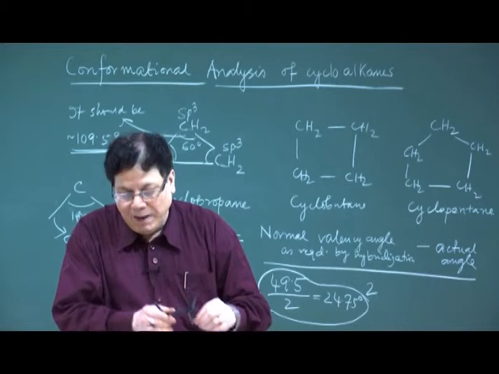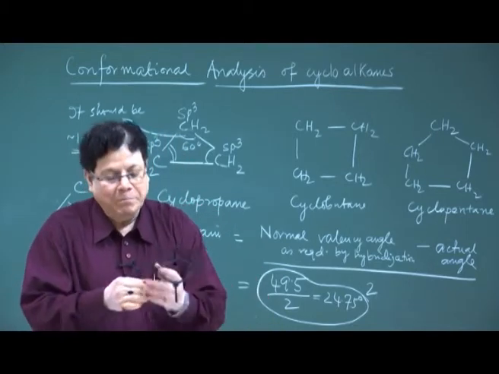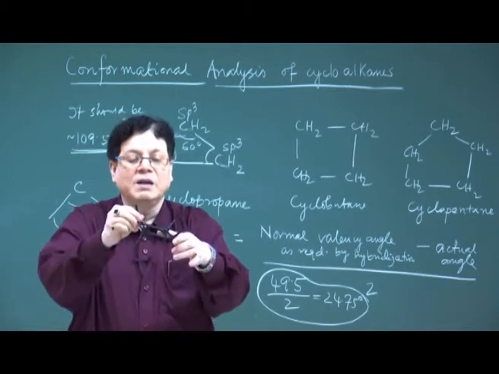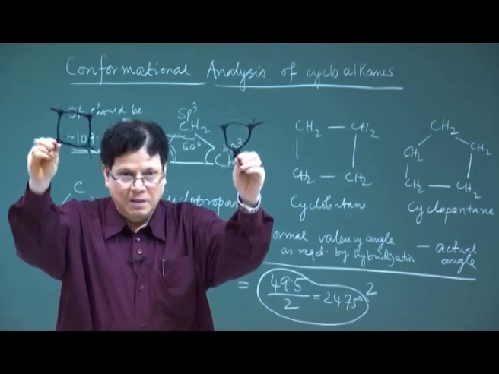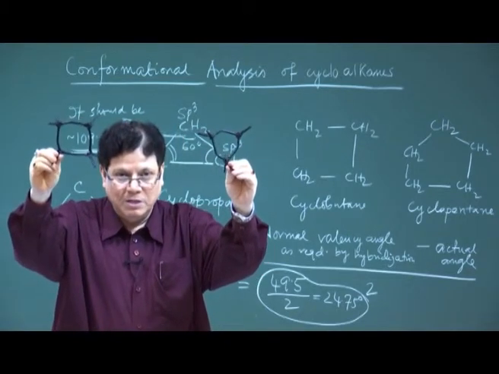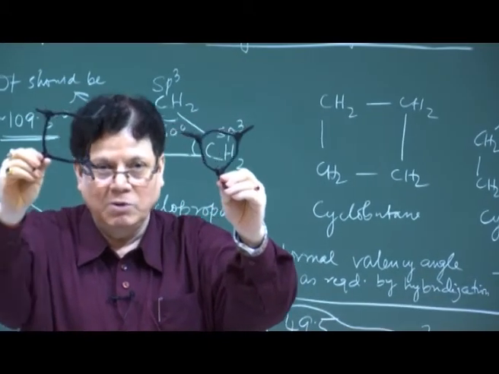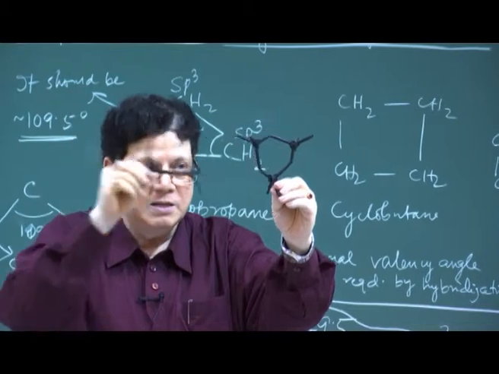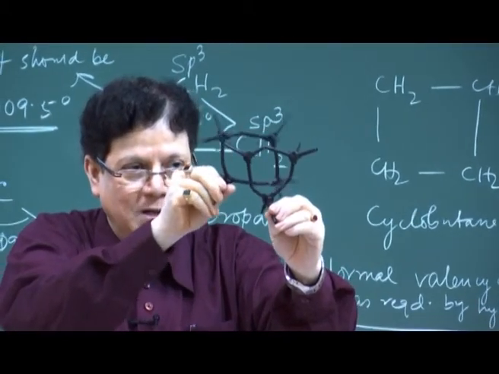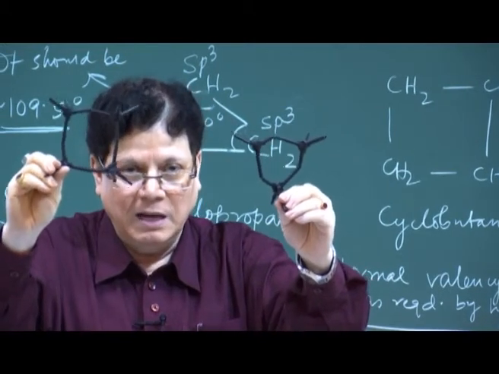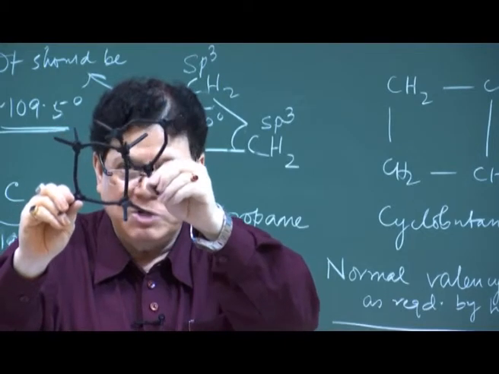And if you consider cyclobutane, so this is cyclobutane, you compare these two, you can see the amount of bending of the bonds is less in cyclobutane. So, this is cyclopropane, you see I have forced it, almost the molecule is breaking apart, but in cyclobutane, you see that type of strain is not present.